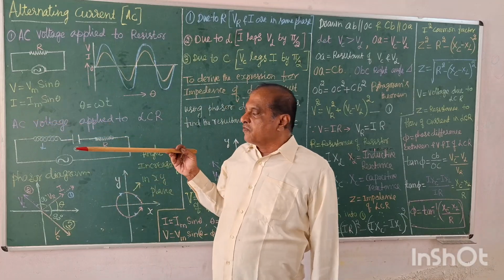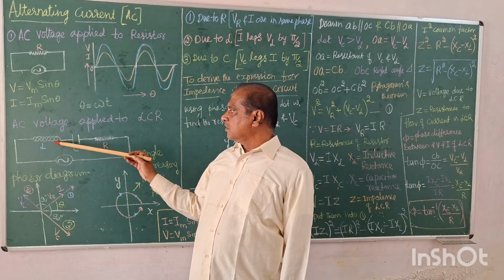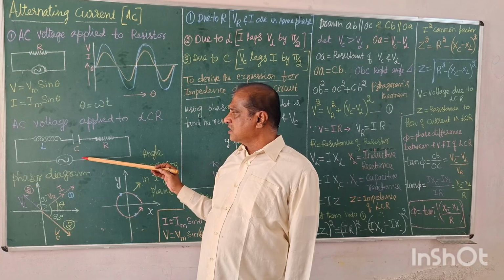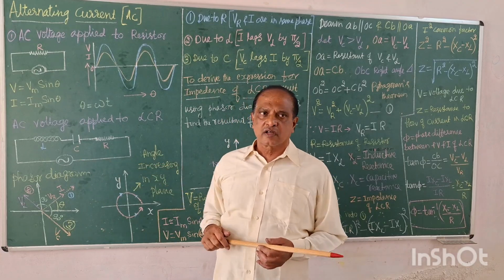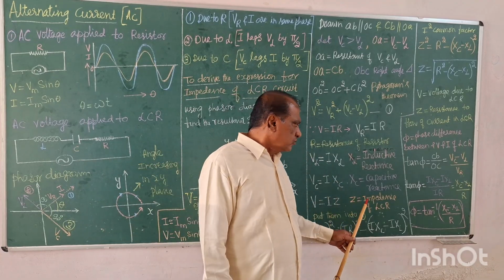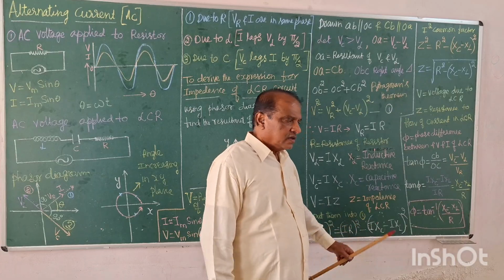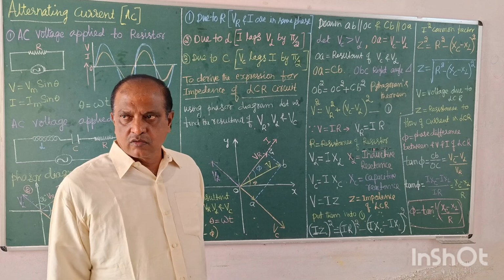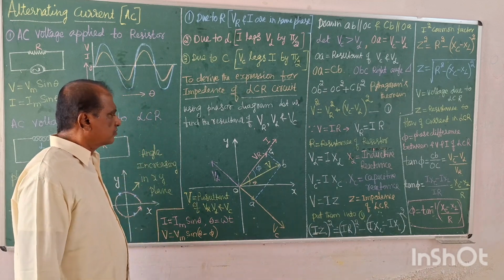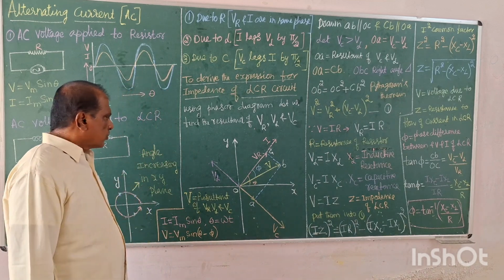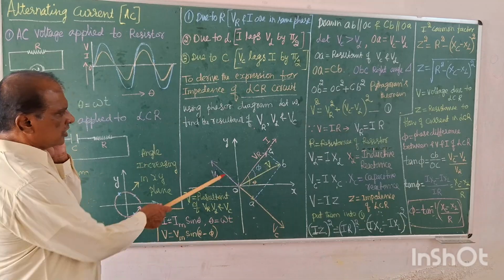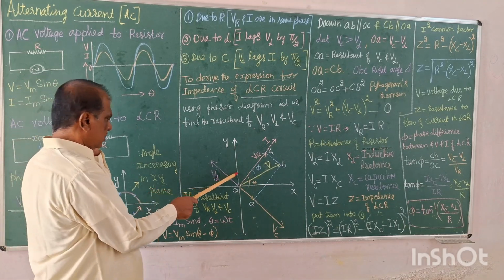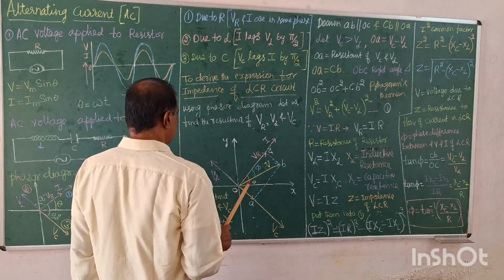The total effective resistance of all the components is the resistance of this LCR. The term is known as the impedance of LCR. Let us go for the derivation of this. Now, the same diagram I have written here, there is no difference in this case.